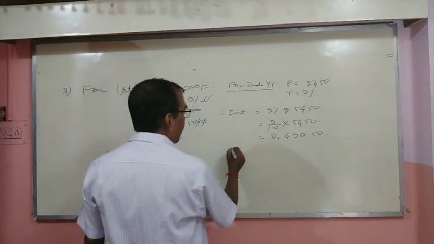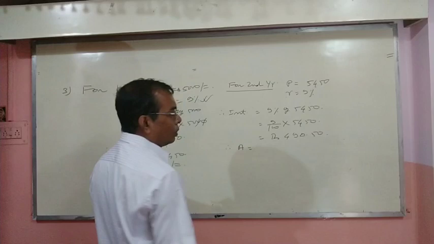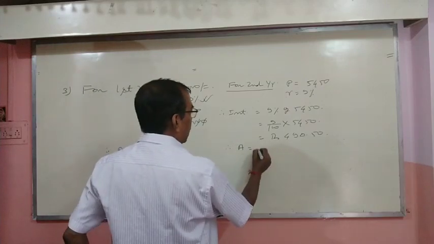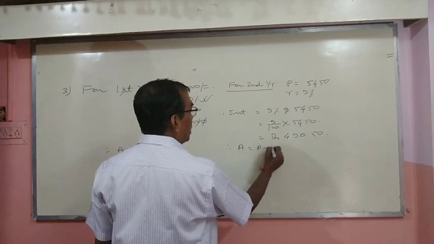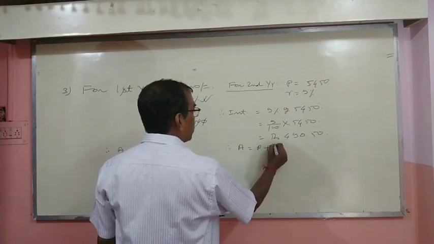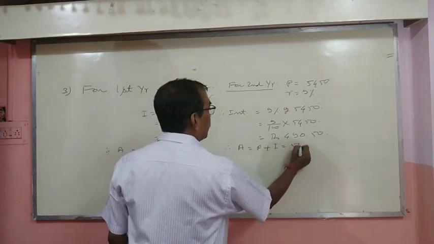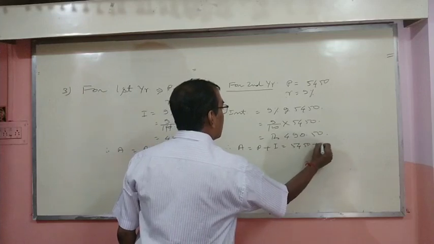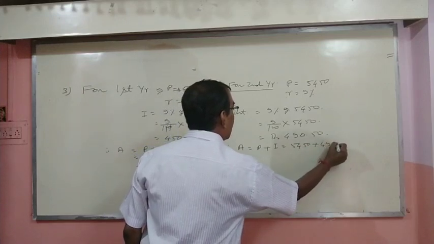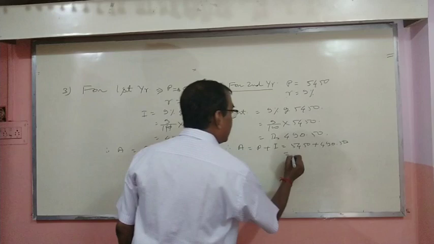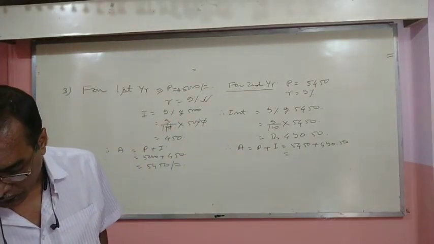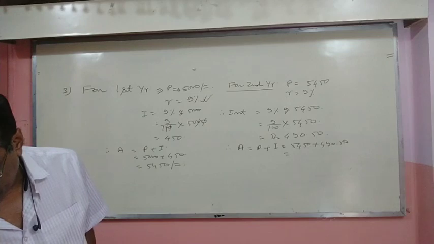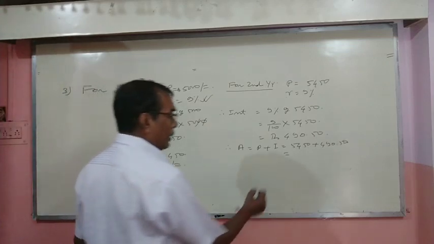So what will be the amount for the second year? Amount will be equal to the second year's principal plus interest, so 5450 plus 490.50. After the addition, in my calculations, it is coming as 5940.50.